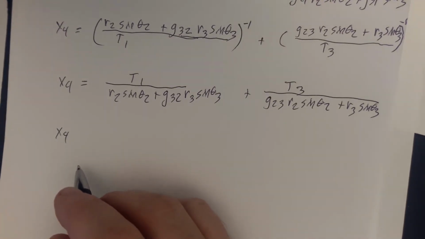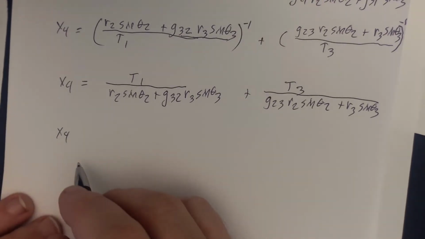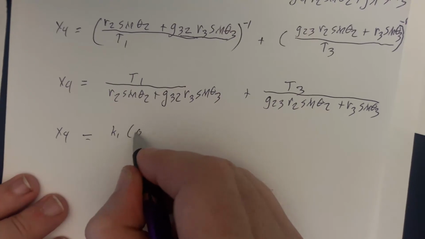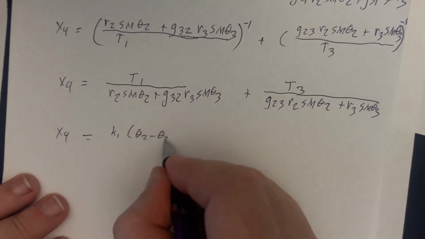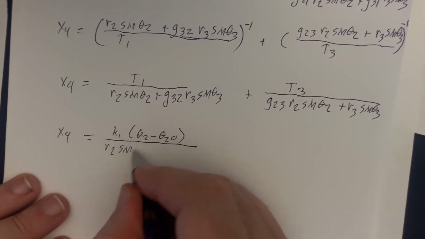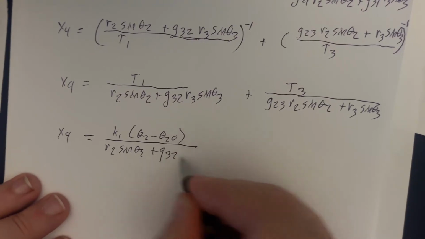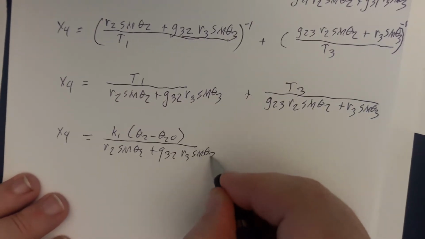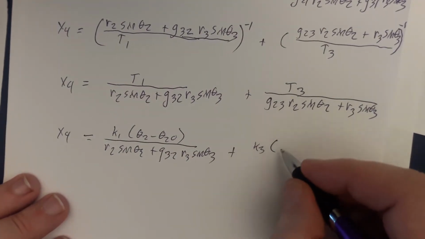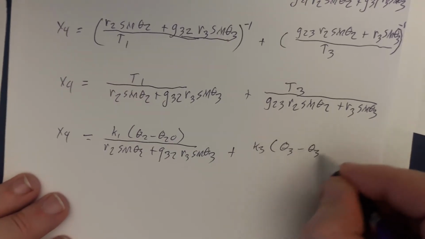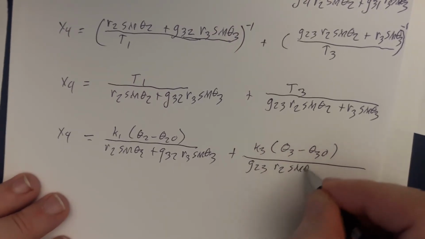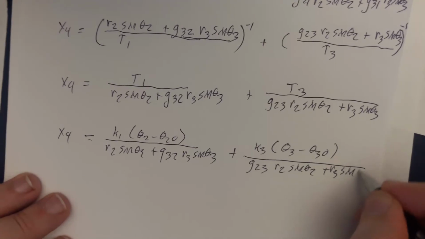What it's going to look like is, T1 is just going to be K1 times theta 2 minus theta 2 naught, over R2 sine theta 2 plus G32 R3 sine theta 3, and then we'll have plus T3, which is K3 times theta 3 minus theta 3 naught, and that's going to be divided by G23 R2 sine theta 2 plus R3 sine theta 3.